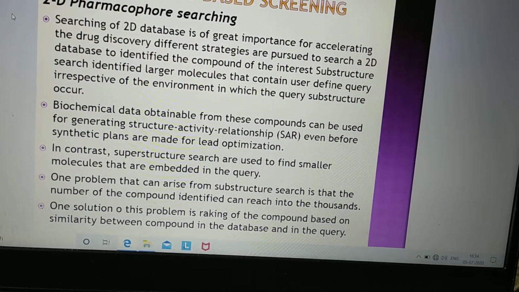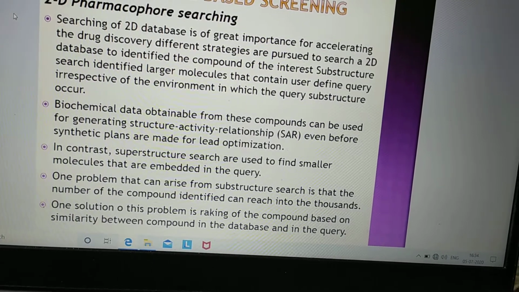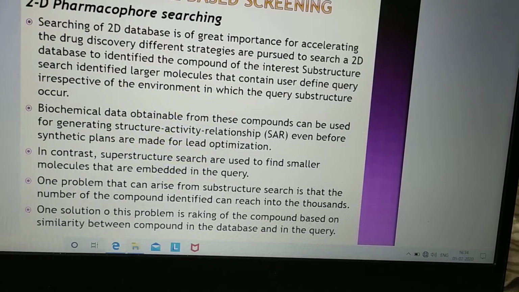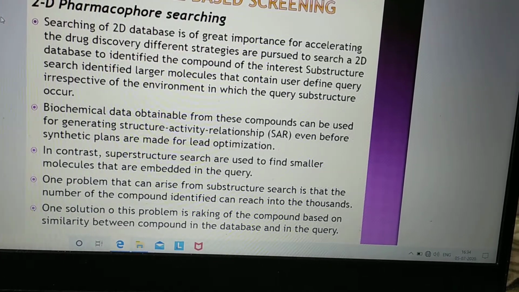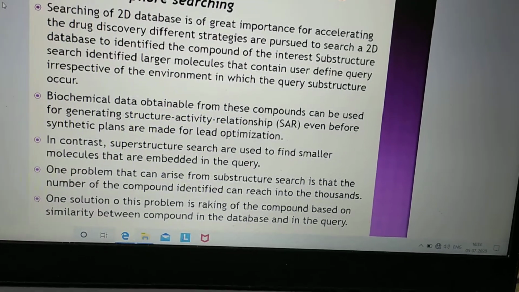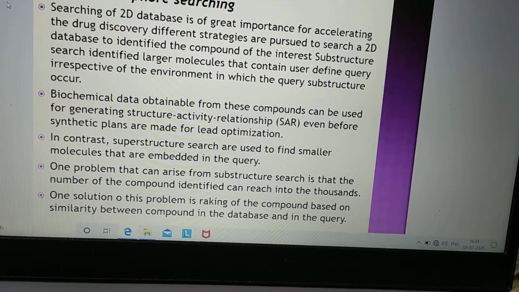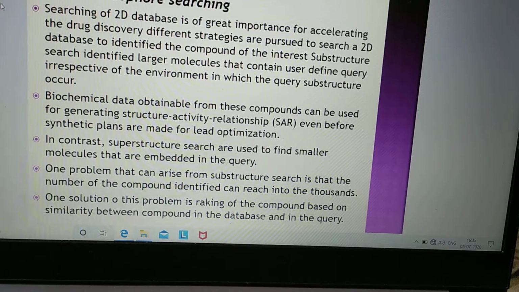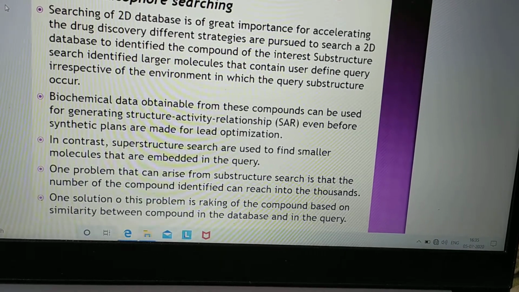Biochemical data obtainable from these compounds can be used for generating a structure-activity relationship even before synthetic plans are made for lead optimization. In contrast, superstructure searches are used to find smaller molecules that are embedded in the query.